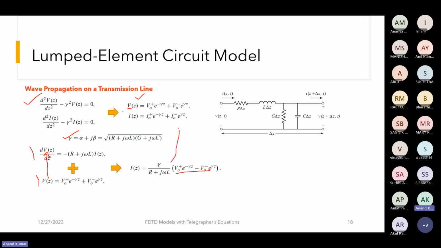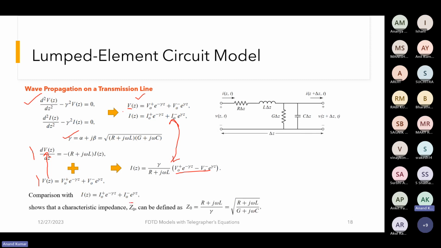Now, if you compare this with this term, we can define the characteristic impedance Z naught as R plus j omega L by gamma, and then substitute the gamma from here to here. You will get the expression for the characteristic impedance in terms of the RLGC components and the frequency terms.